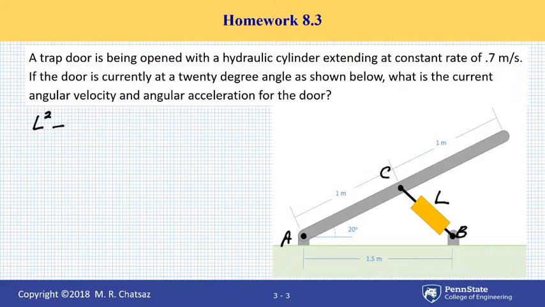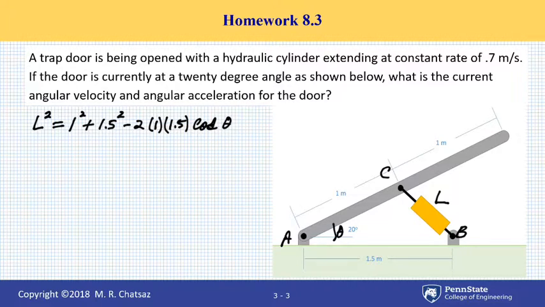L squared equals 1 squared plus 1.5 squared minus 2 times their product times cosine of the angle between the two sides. Let's label this angle theta in general. So this is a relationship that I can write for triangle ABC in terms of theta, length L, which is a linear displacement, in terms of angular displacement theta.